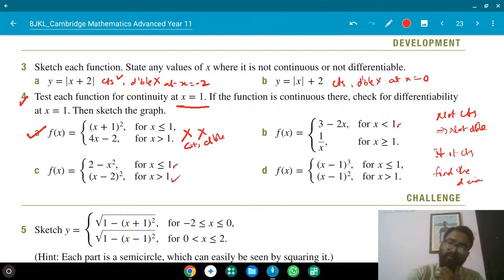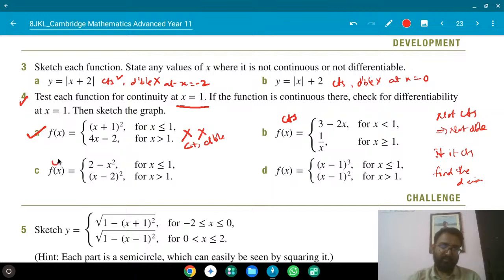So next, can you comment about this function? Is it continuous? Very good, it is continuous. About this, is it continuous? Continuous.